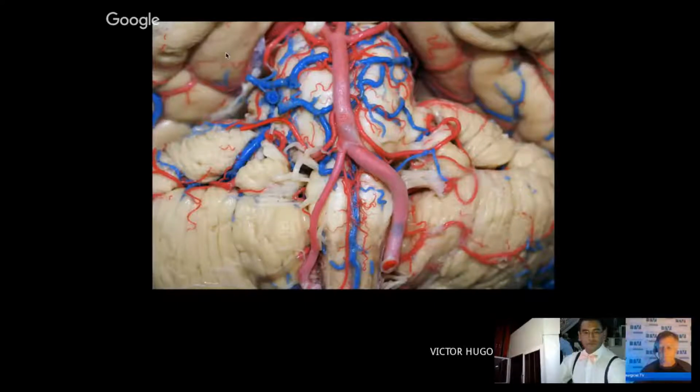Nowadays, we can get some beautiful photographs of this. In this case, you can see the vertebral arteries. One of them is hypoplastic, the right vertebral artery, and the left is giving rise to the basilar artery.